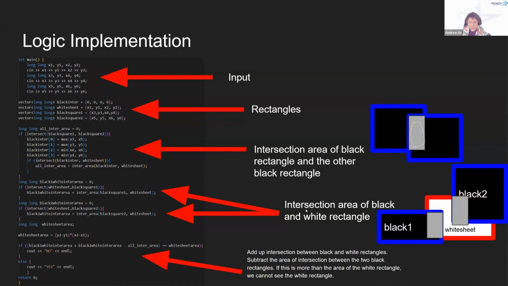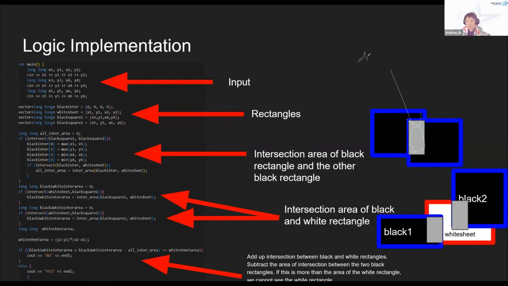After we calculate the intersection areas of the black and white rectangles and the intersection area between the black rectangles, we can take the intersection area of the black and white rectangles and then subtract the intersection of black rectangles, because that area right there is going to be double counted.